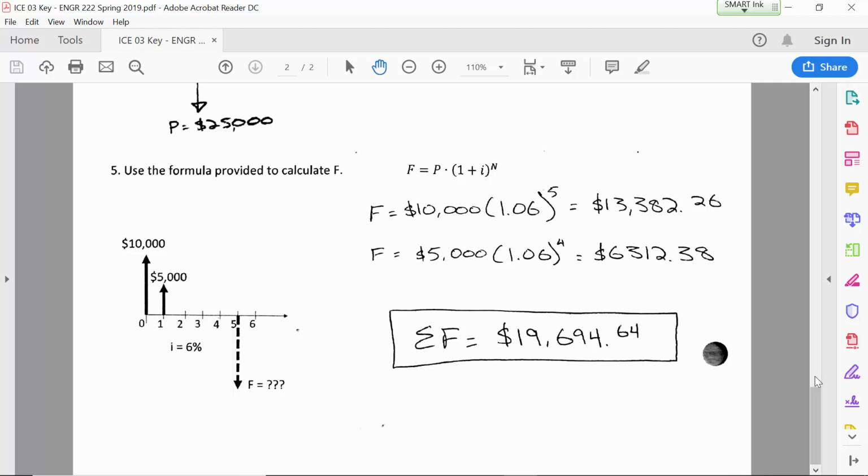So we have 2 single inflows that are coming to us that we have to pay back in year 5. And so this $10,000, if you think of it as a loan, we're going to have to pay back interest that accumulates over the course of 1, 2, 3, 4, 5 years.